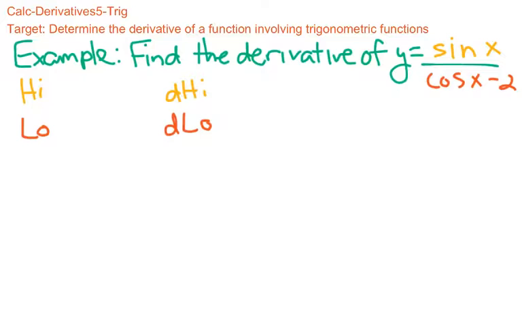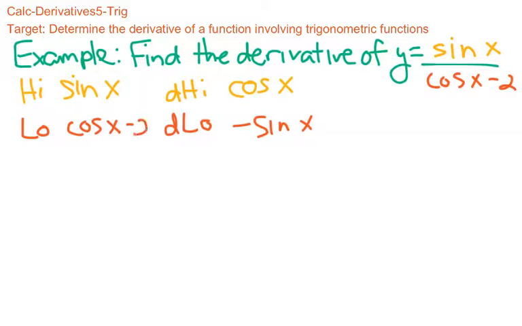So we differentiate the high, and the high is sine x, so d high is cosine x. All right, sweet. And the derivative of the low, cosine x minus 2, is negative sine x. So that goes right here. How about it? And then we got cosine x minus 2 right here. And that's a beautiful table setup.